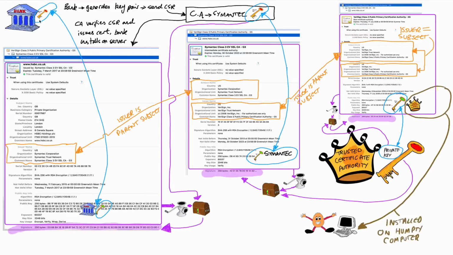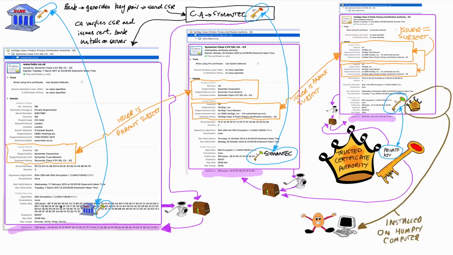So the HSBC web server will generate, using some software, a corresponding public and private key pair, which are basically those numbers. One of them is the private key, and the others are the public key, which is the exponent and the modulus. So it generates essentially three numbers, and they all have a close mathematical relationship with each other.